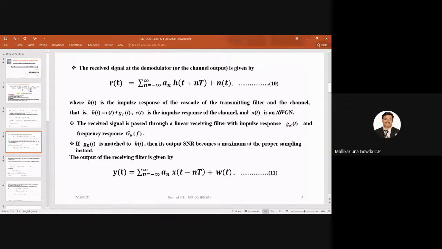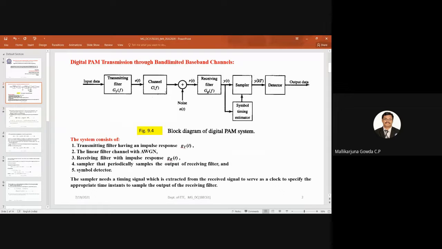That is the output of the channel, which is nothing but h of t, which is c of t convolved with the input signal. So here this is h of t, the output of the channel. The input is v of t, and the channel impulse response is c of t. So the convolution of those two will be the output, which we have discussed earlier.